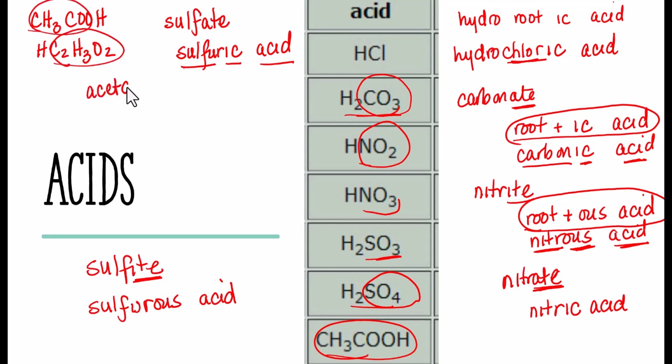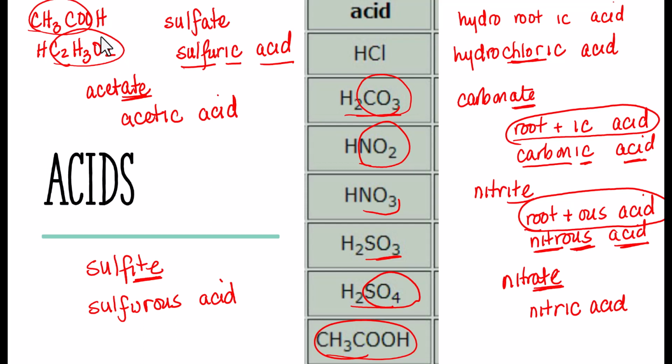It ends in -ate, so this becomes acetic acid. So this is the only acid that you will have in this class, which the H could come in the back or the H will come in the front, depending on which way the acetate ion is written.